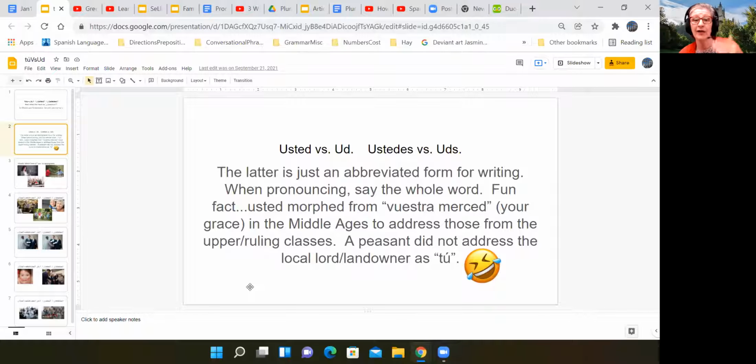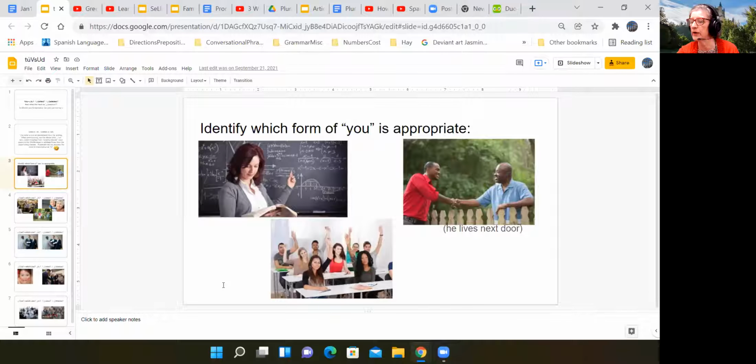The upper class that actually owned land, you wouldn't address that guy who was your boss, upon whom your whole livelihood depended, as, hey, you buddy. So it was vuestra merced, your grace, and that morphed into usted. So, okay, let's see if you can tell when to use tú, when to use usted.